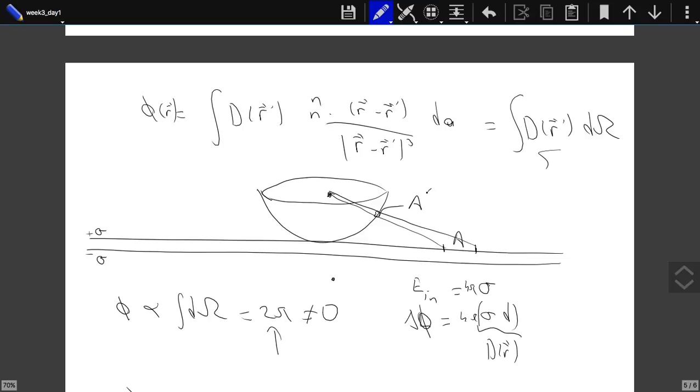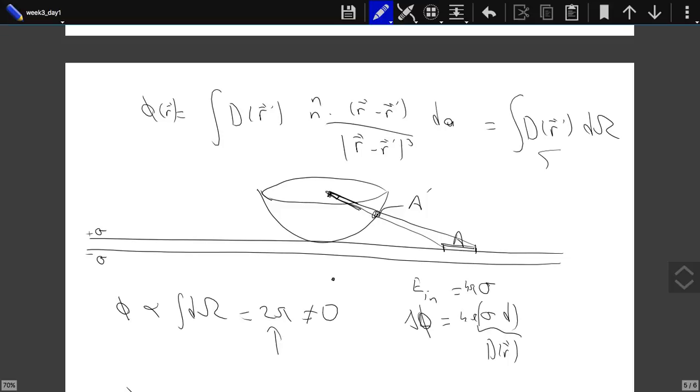The definition of the solid angle, or any angle actually, depends on the tip of the cone. It doesn't depend on whether I take the area A to define it or the area A prime. Since we are dividing by radius squared, if I take the larger area, the distance from the origin is larger too. So the ratio is the same.